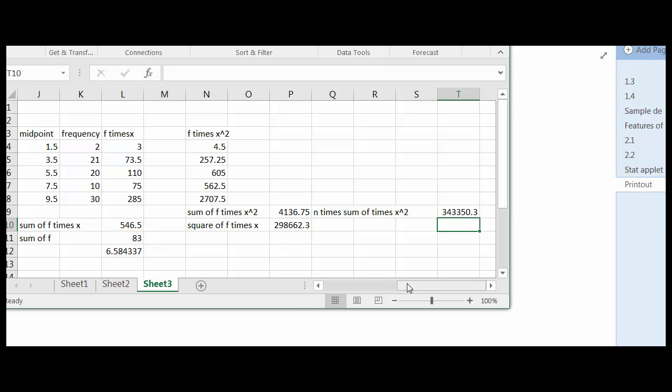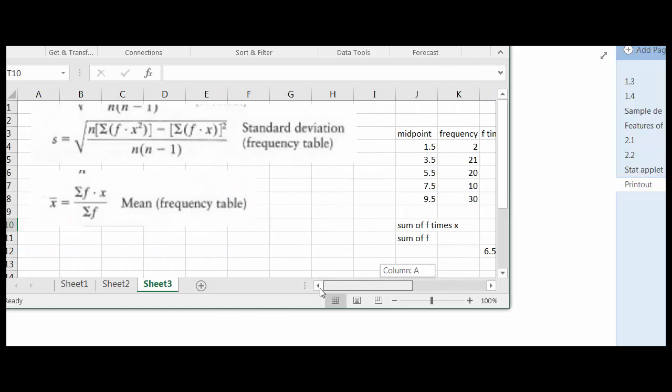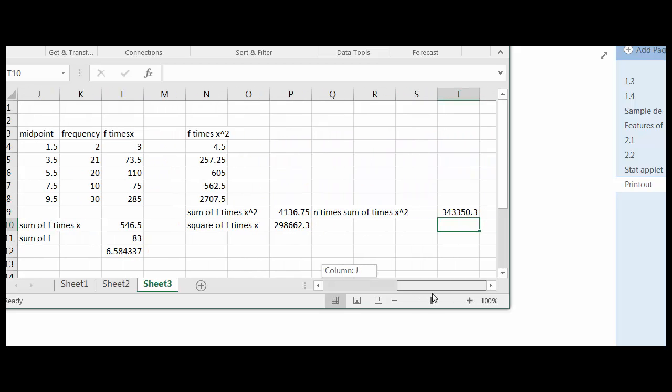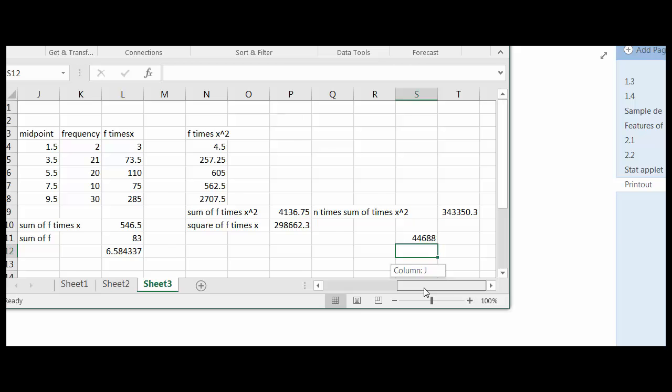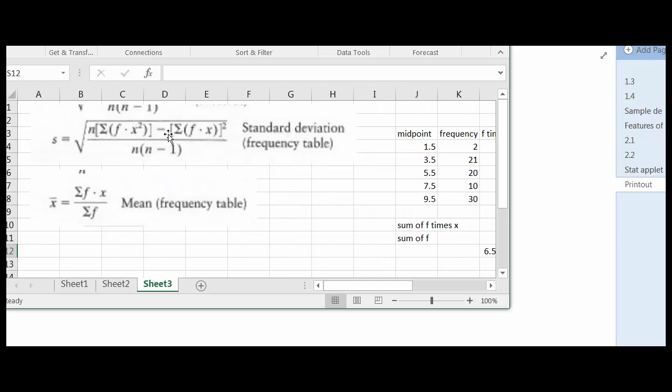Okay, so then I got that. And according to our formula, I want to subtract those two. So minus that. Almost done. So I get this number, 44,688. All right, and then I want n times n minus 1.